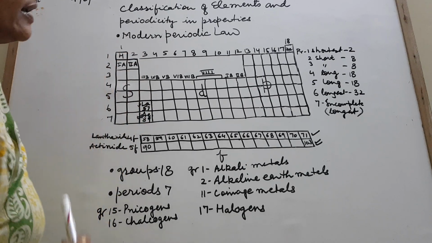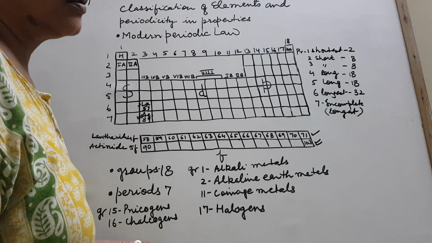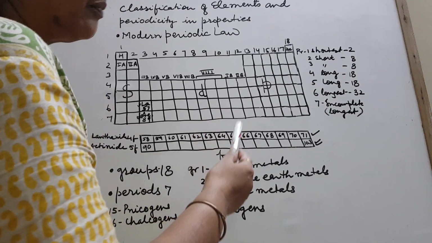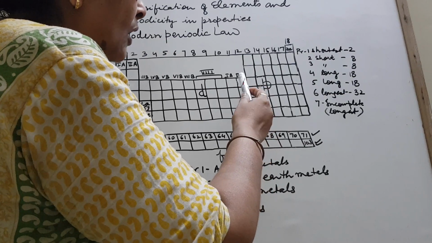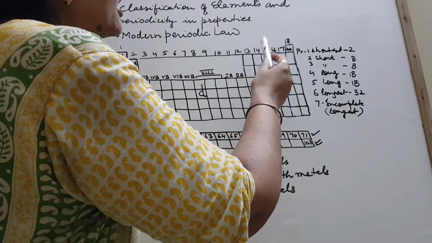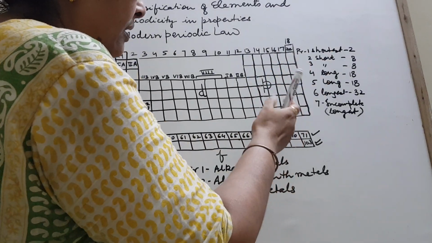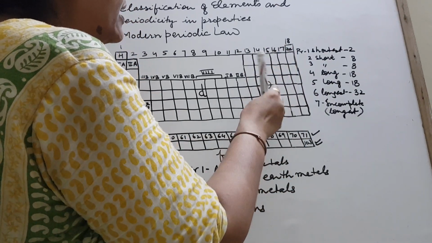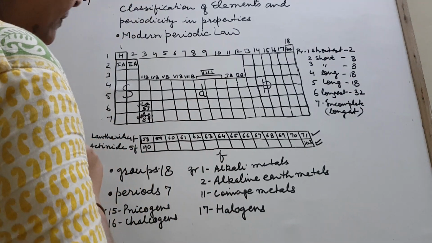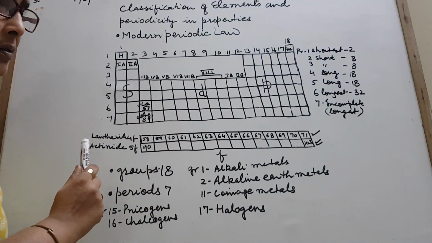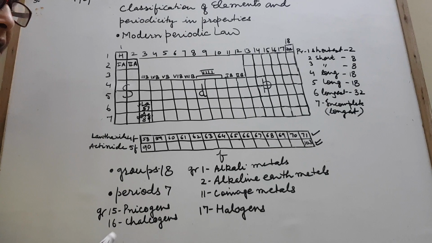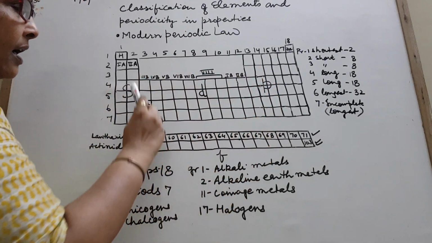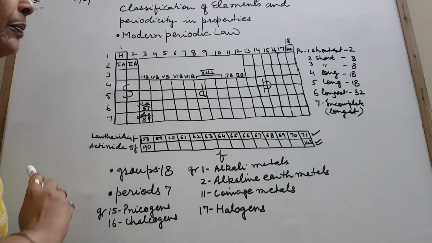It was on the left side. If the last electron was entering the p subshell, they were found in groups 13, 14, 15, 16, 17 and 18, and they were all placed here. So this was named accordingly as p block. Then if the last electron was entering the d subshell, they were placed here in the middle of this table, and hence we call this d block.